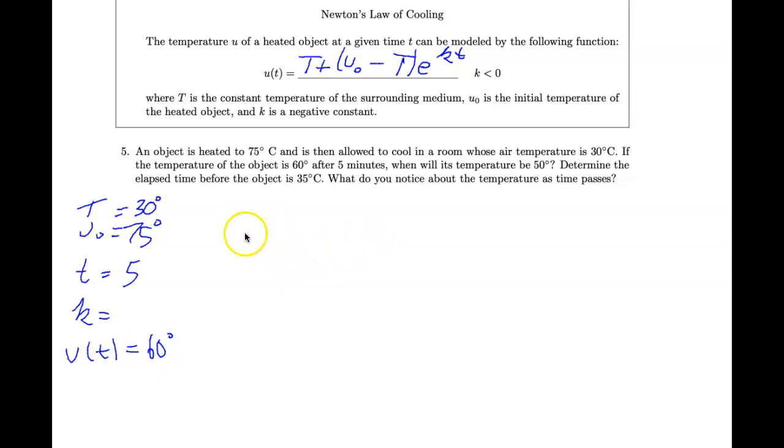When we plug all this information in, we have 60 equals 30 plus (75 minus 30) times e to the k times 5. 75 minus 30 is 45, and 60 minus 30 is 30.